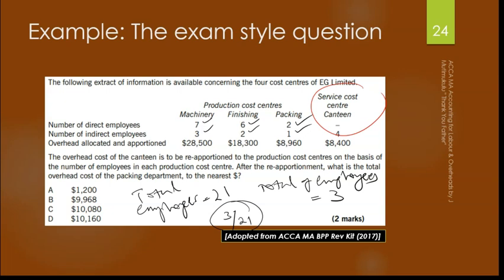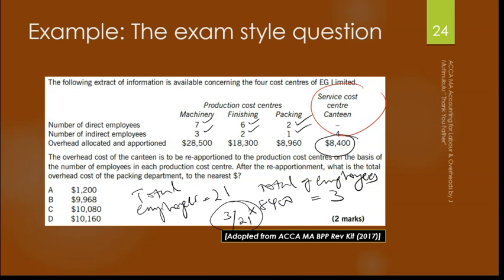We are going to base the reapportionment on the number of employees, and the number of employees in the packaging department is 3, and the total number of all employees is 21. So 3/21 multiplied by the cost of the canteen. The canteen costs were 8,400, as given here.